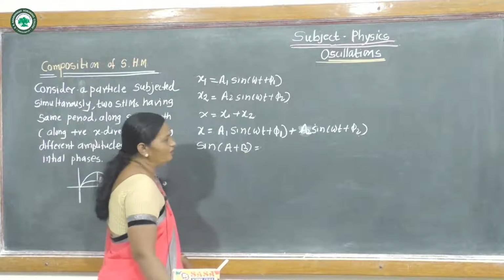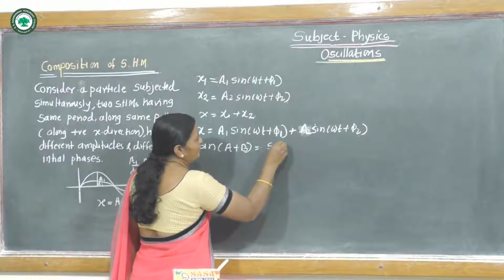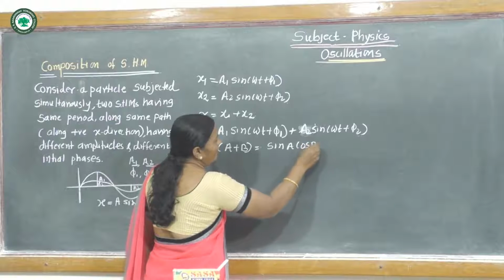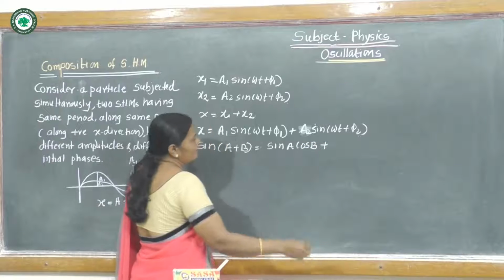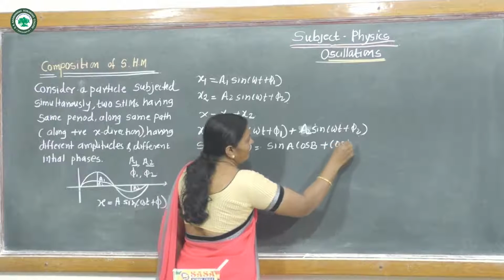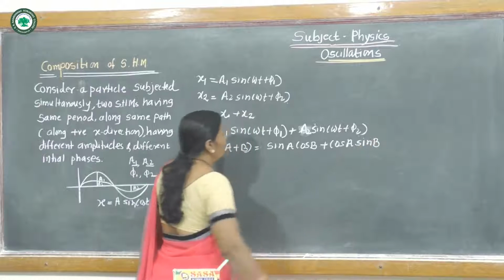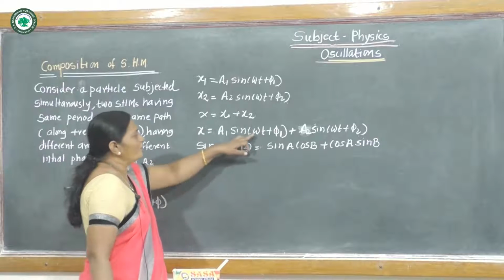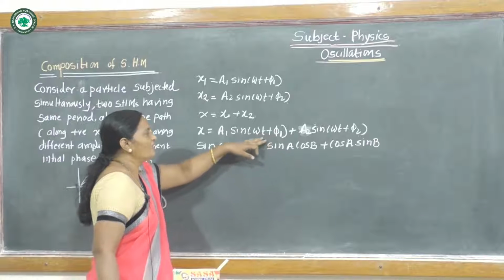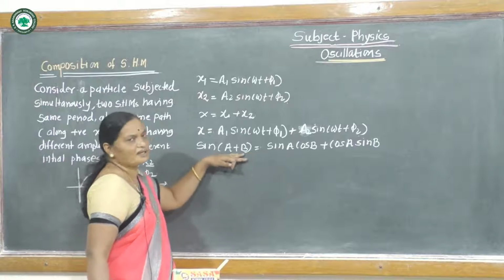This is the formula from mathematics: sin(A plus B) equals sin A cos B plus cos A sin B. Here consider A as omega t and B as phi 1. Rewrite this equation in the form of sin(A plus B).